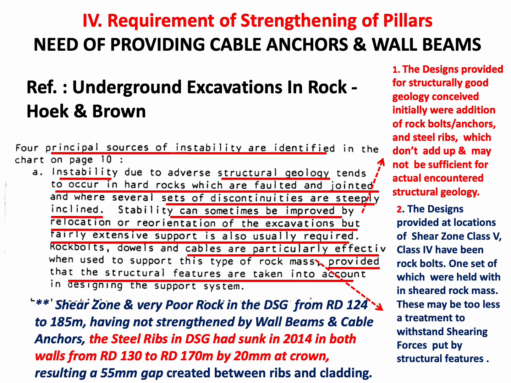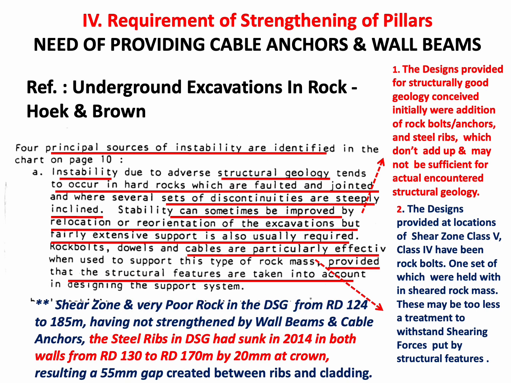So, in design, merely relying on the Q system would not work. It has to take into consideration specifically the structural features which comprise the geology. All the joints, their dip, the shear zone, all these parameters need to be taken into account to do a numerical analysis and find out whether the designs are adequate or not.